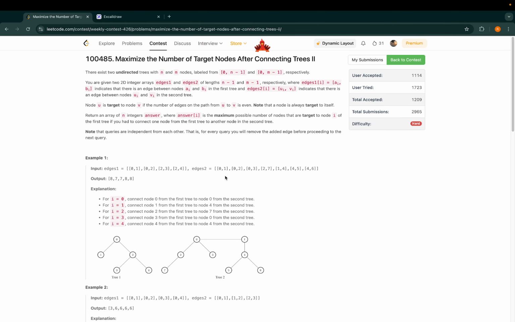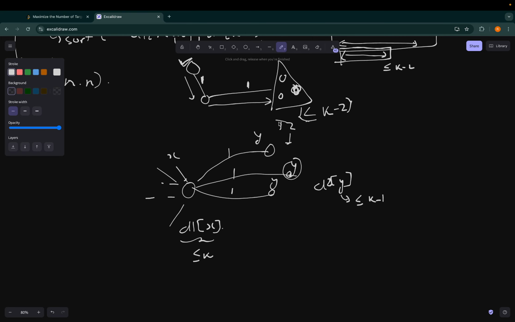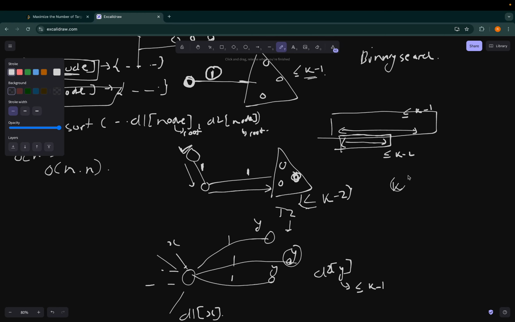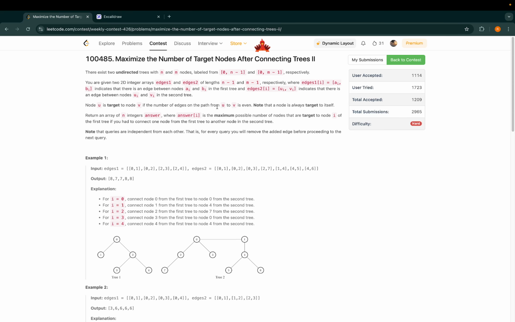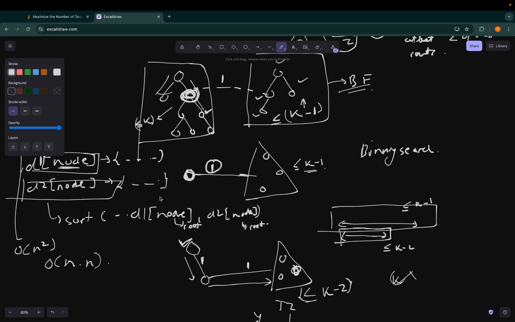Now problem 3 says that you have to do the same stuff without any k. So there is no k involved in the question, but we have to find the maximum number of nodes such that the number of edges on the path from u to v is even. So we are doing the same stuff.